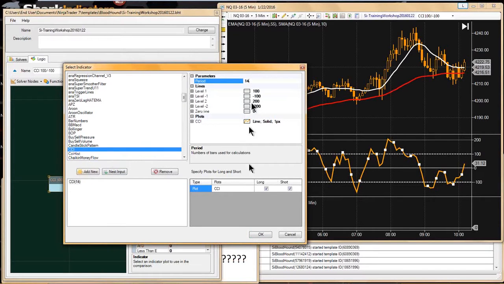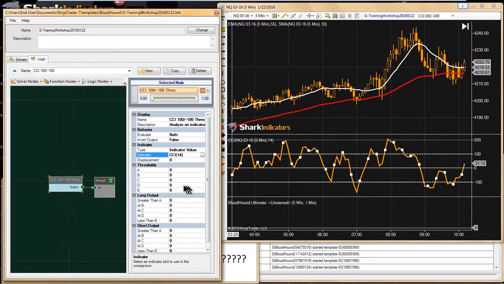We're just using the standard 14 period, and the CCI only has one plot, so it's already selected for us. Now step 2 is to set up our threshold levels. We're going to set up 100, and then at the bottom negative 100. This is important: thresholds have to be in descending order.